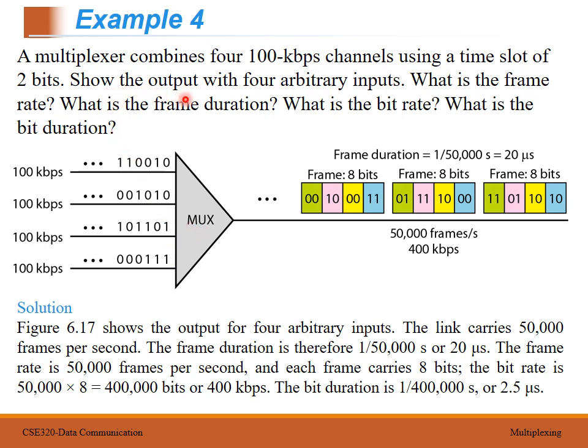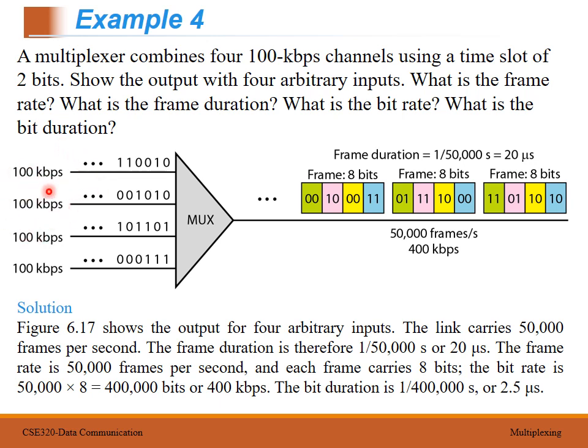So we have to show the output with 4 arbitrary inputs. What is the frame rate, what is the frame duration, what is the bit rate, and what is the bit duration? We earlier said that the frame rate is equal to the input bit rate.